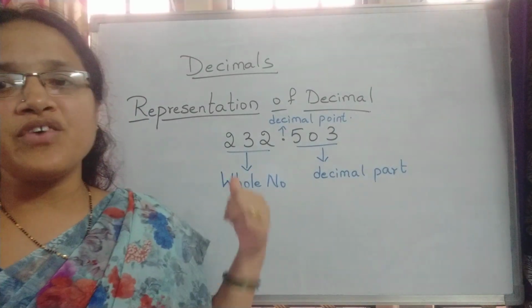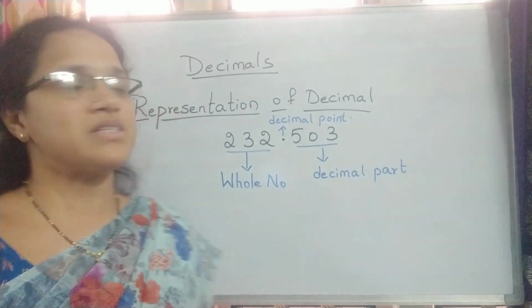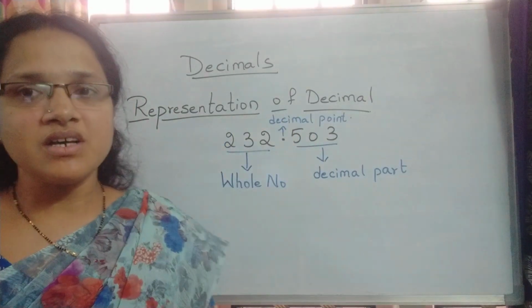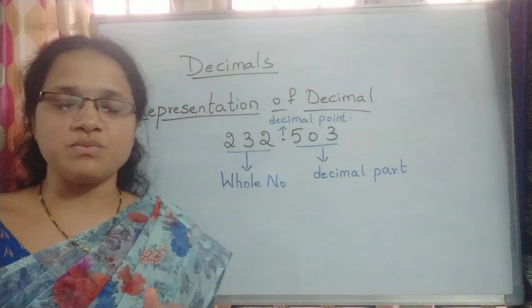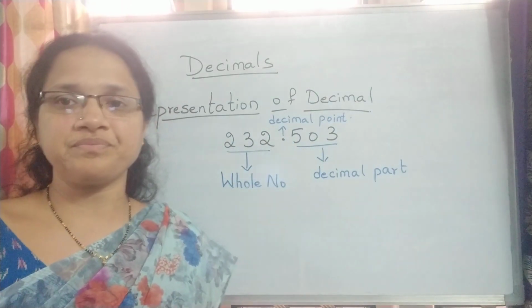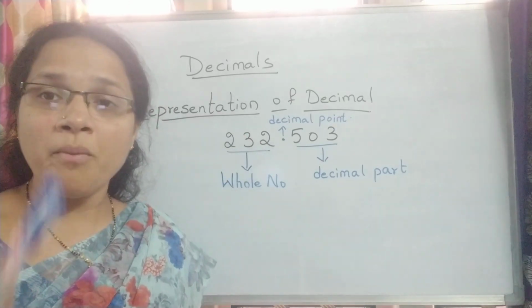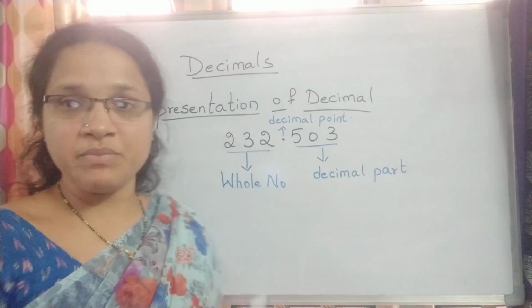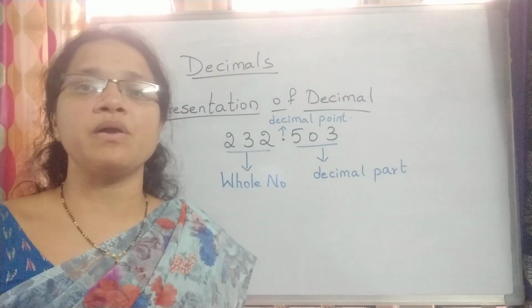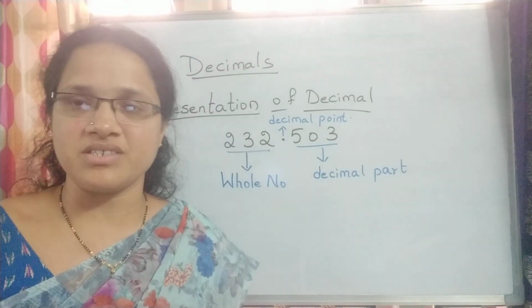Okay, so let us go into the introduction part of the decimals. The first term you have to learn is how to represent decimals. The representation of the decimals. Let us learn this representation from the definition. What are decimals? Decimals are nothing but a combination of a whole number and a decimal part separated by a decimal point. Okay, so these are also one kind of fractions.